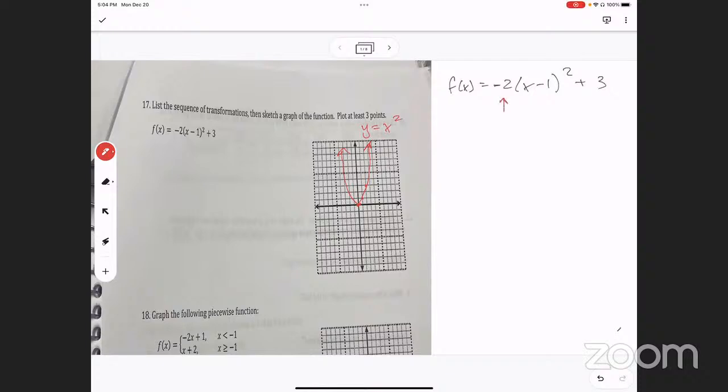First of all, the -2 flips it, since it's a negative on the outside with the y, it flips it upside down, right? So in other words, it flips it over the x-axis. And then it also stretches it vertically.